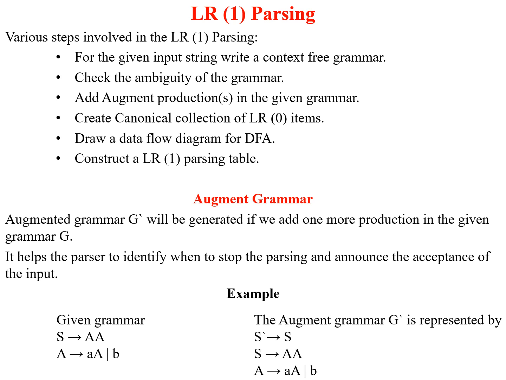Here we will see the meaning of augmented grammar and its purpose. After adding the augmented production, the next action is to create the canonical collection of LR0 items. Now we'll see what the canonical collection of LR0 items is.